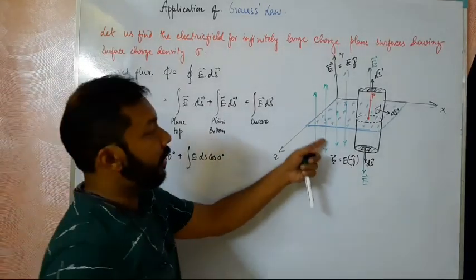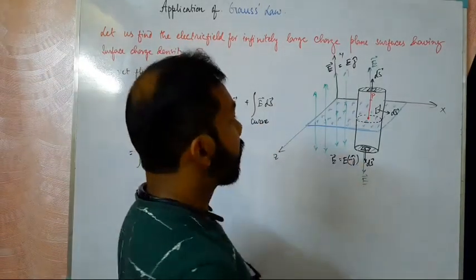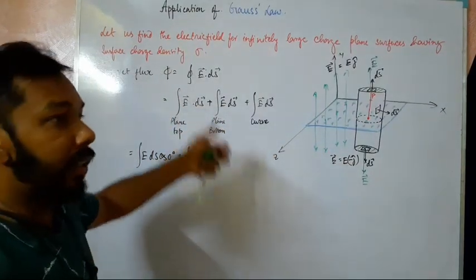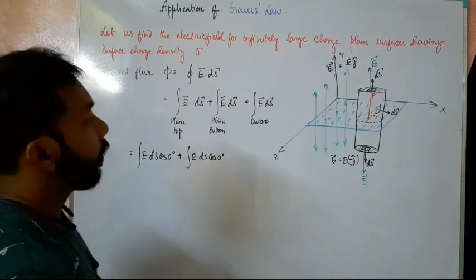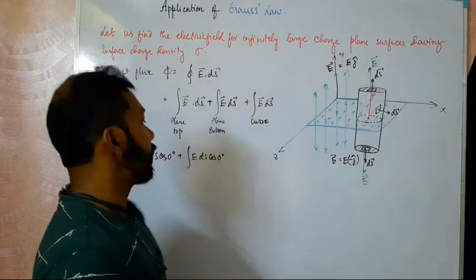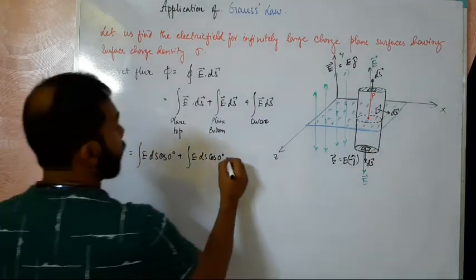Look at the direction of electric field, it also reverses below the surface, no? So there will not be 180 degrees like the previous sum, because the direction of electric field and the direction of surface is the same in both the cases of the flat surfaces, plane surfaces.